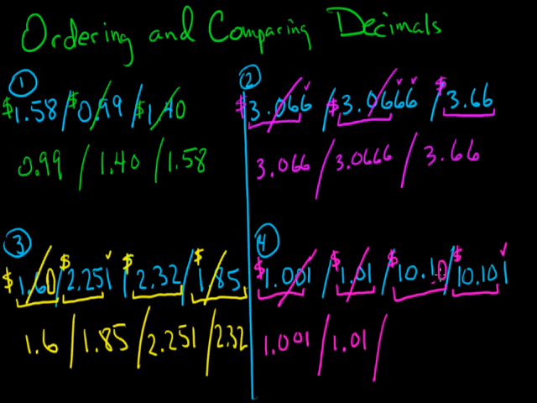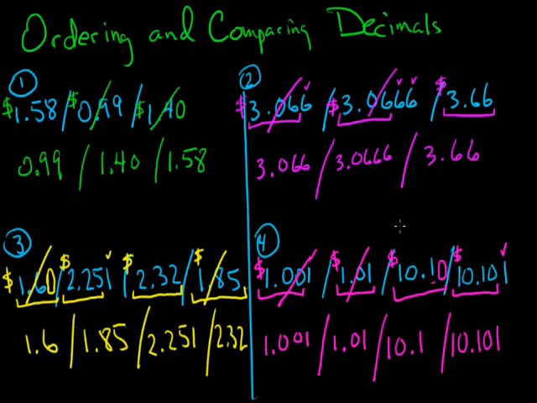Next, we're comparing $10.10 and $10.10 with an extra 1 in the thousands. Well, the plain old $10.10 is smaller, and the $10.10 with a 1 in the thousands place is 1/1000th bigger, but it is bigger.